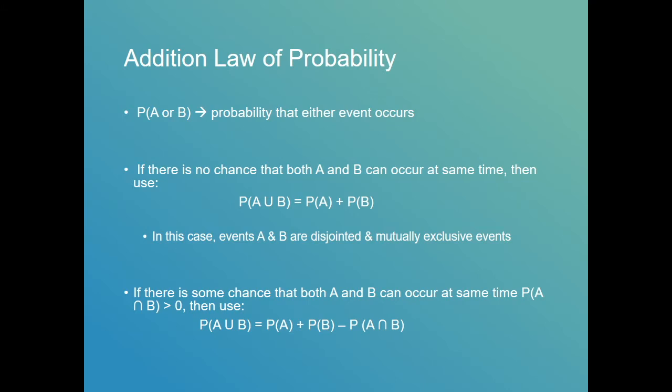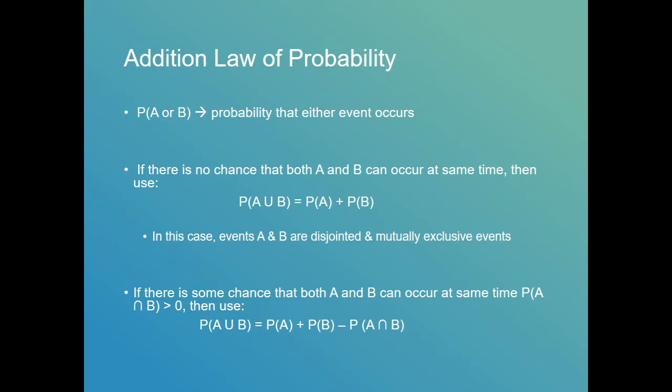This would be an example of when you would use this first formula, the probability of A, then that U symbol, B, the probability of B. Then that would be equal to finding the probability of A plus the probability of event B. So in this case, they're mutually exclusive events. That's when you use this first formula, if you can't have both of those events happening at the same time, or the outcomes at the same time.